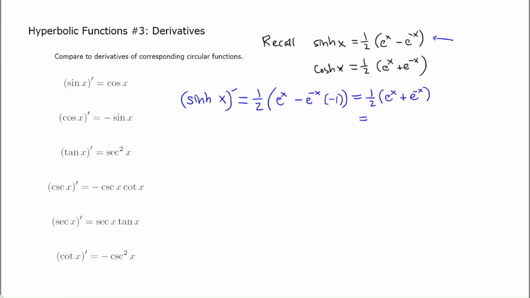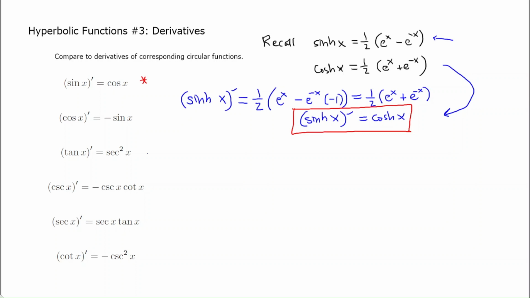And you have seen this before, which in fact is our definition for the hyperbolic cosine function. So without a lot of trouble, without a lot of mess, what we're finding is that the derivative of the sinh function is the cosh function, which is about as close as you can get to the trig version there.